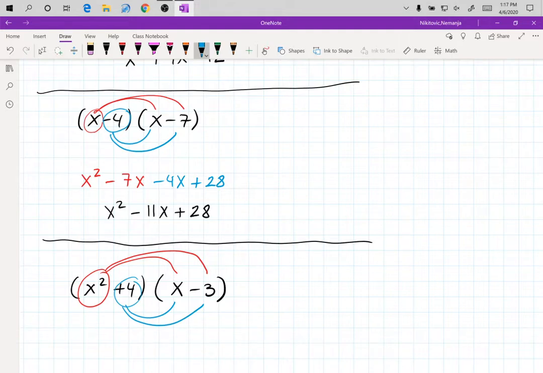So what I have is again red and blue. I'm just going to give you a few seconds to try this one on your own, and then I'm going to do it.